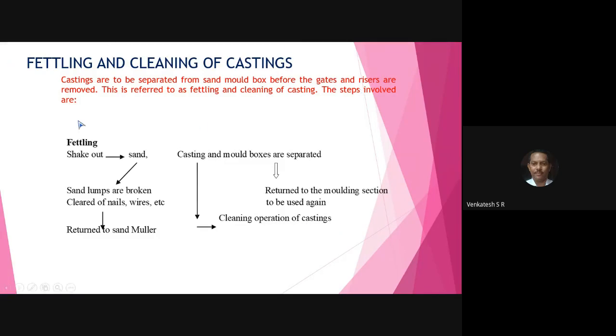Now, all of you, please write down this flow diagram. Fettling, shake out.